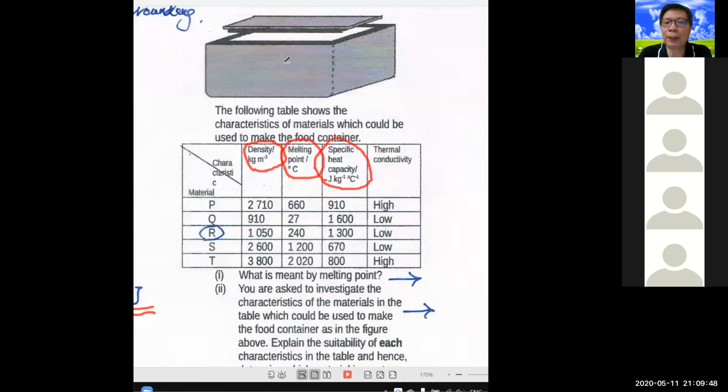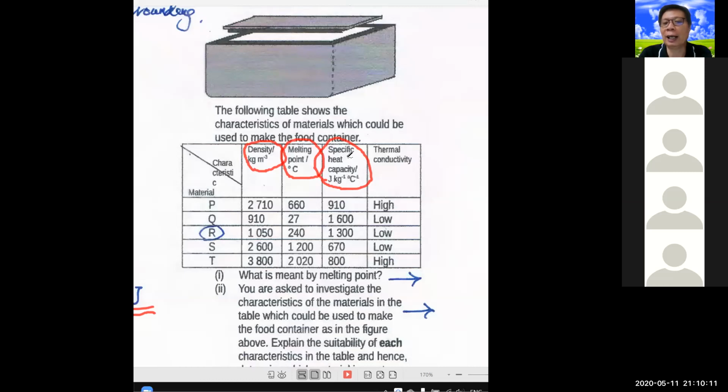So you must pick a container material which is not easy to heat up, so it won't absorb the heat from the food. If it is not hot, the heat won't go to the surrounding, right?